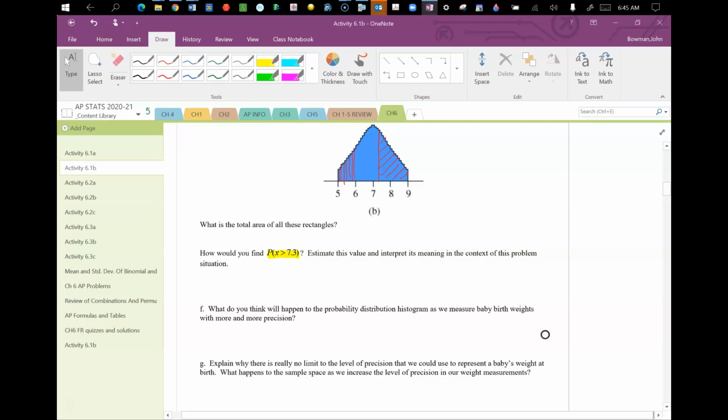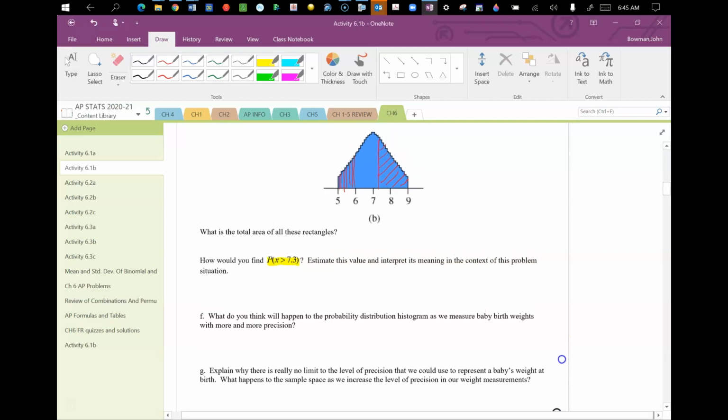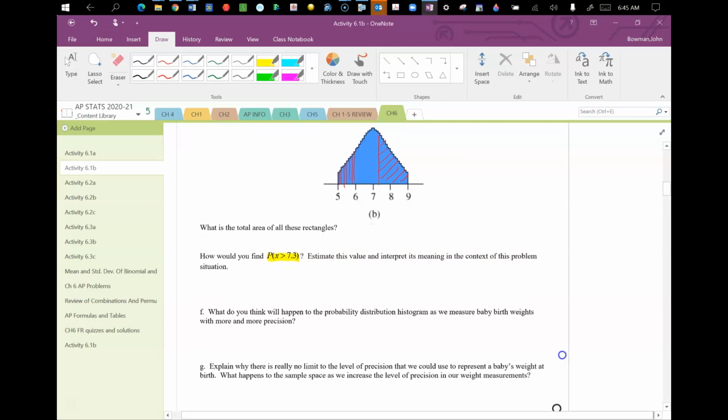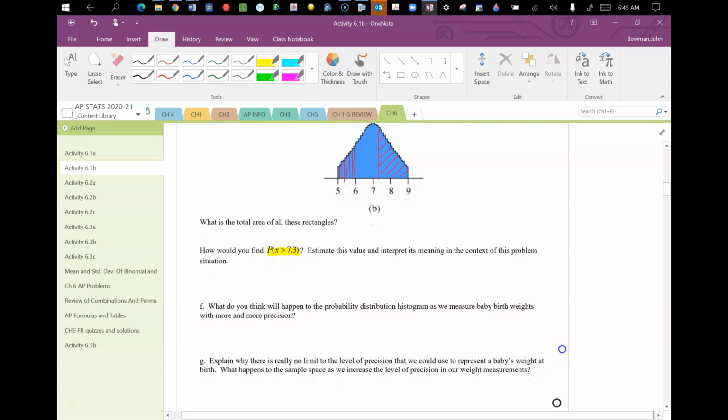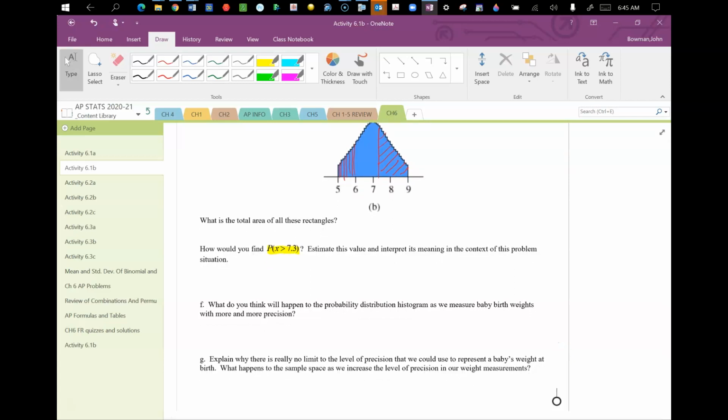And essentially, if we had an infinite number of rectangles between 5 and 9, and we asked something like, what is the probability of a baby weighing precisely 7.3 pounds? Well, then that would be 0. It's kind of like in a normal distribution, we never ask the probability that z is specifically equal to a given value like 1.8, because the area exactly above 1.8 would be 0.